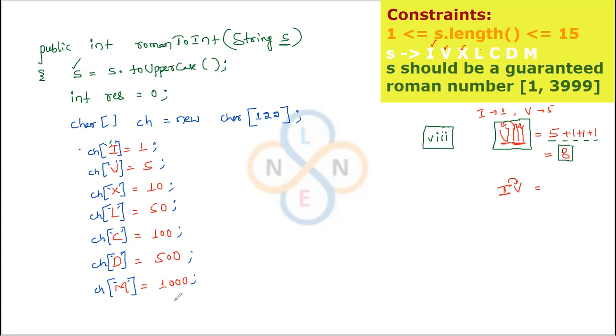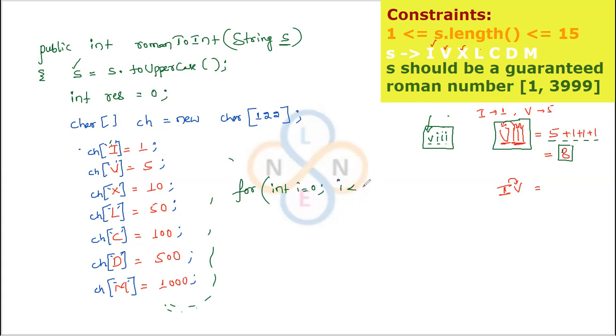Then to continue, for the given string input we have to count the value. So we have to check from the starting to the ending, right? For example, if you take VIII, we have to start from index position 0 and go till the last position. That is the regular approach. So the for loop starts with 0, and where does the loop have to end?